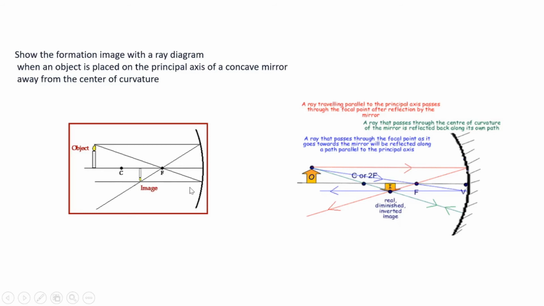This is the image distance, this is the object distance. We are just changing the position of the object and seeing where the images are forming. When an object is placed on the principal axis of a concave mirror away from the center of curvature, what happens? See, the red lines you see.